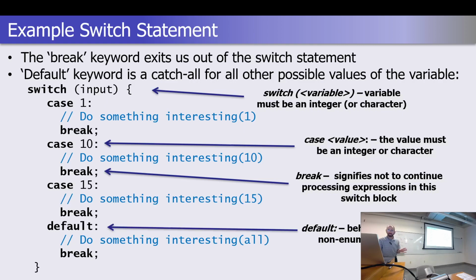The other syntactical thing we're adding here for switch is the default keyword. That is, for all other values that we did not enumerate through these case statements, do something for those other circumstances. I would say do something interesting for all other integer values. And we generally want to have that in our program. We can't enumerate all the values.